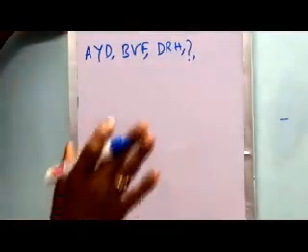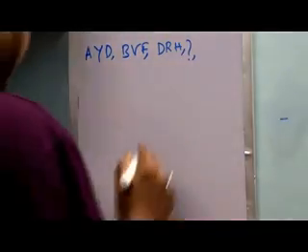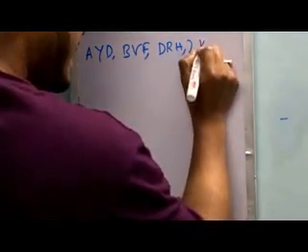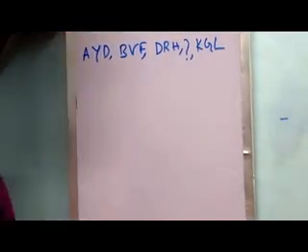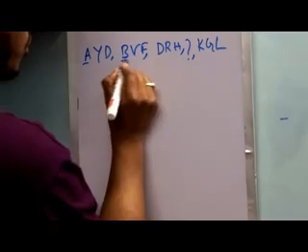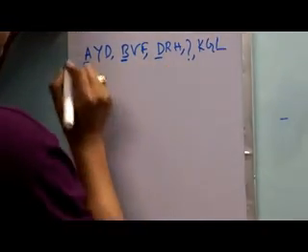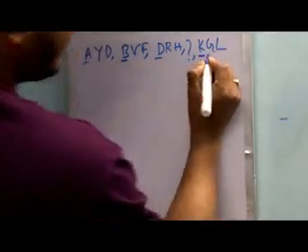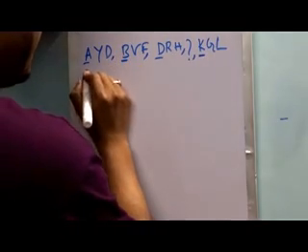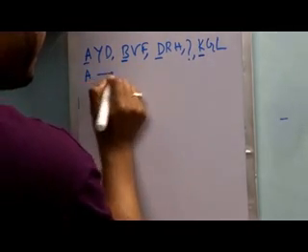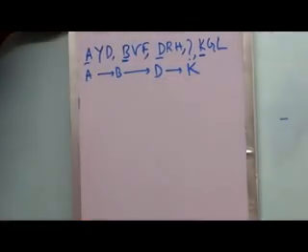Now the question mark is not put at the end of the series, it is put in the middle of the series. K G L. Similarly, choose the top left letters of each part. So what is the relation between A, B, D, K?